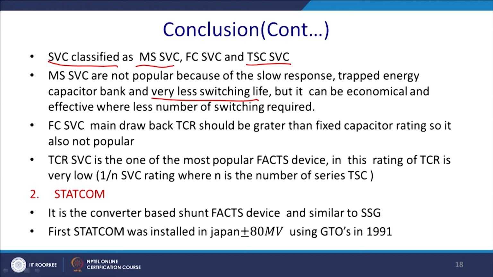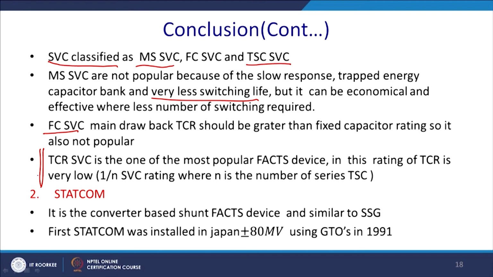In the same way we can have the fixed SVC, which is kept in operation for a longer duration of time and keeps on operating, and the advantage is definitely what we have seen recently, that is the TCR SVC.